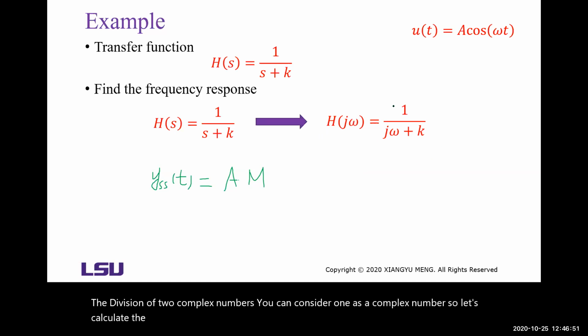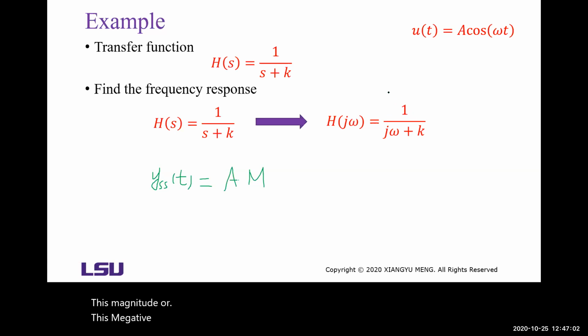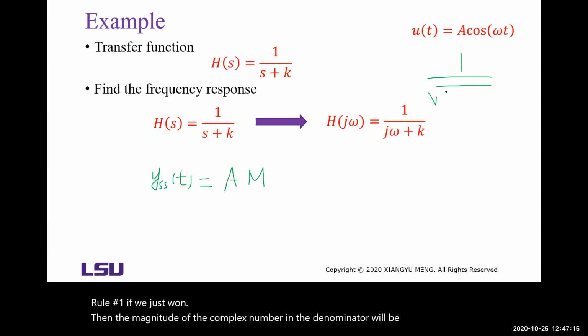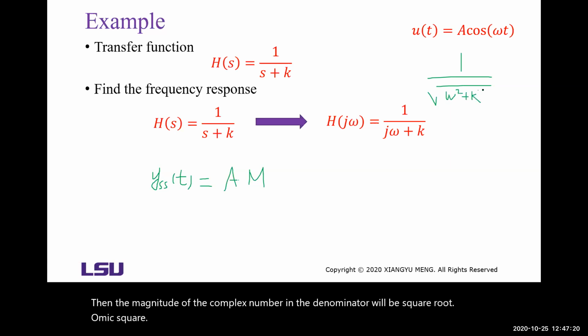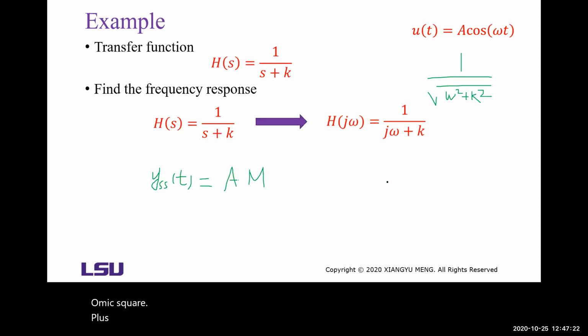The magnitude will be this magnitude over this magnitude. The magnitude of the real number 1 is just 1, and the magnitude of the complex number in the denominator will be the square root of ω squared plus k squared.